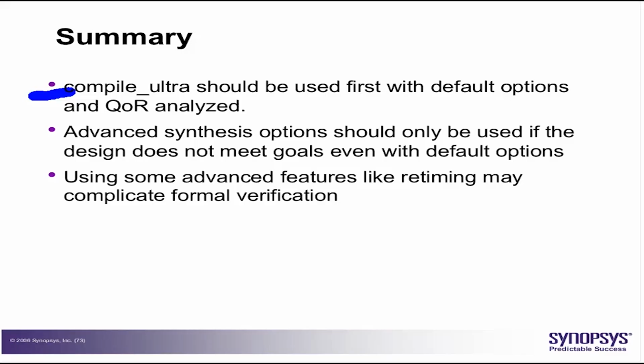You can use group paths. So let's talk about timing problems. If you encounter timing problems, first of all use group paths. See if any other group has a violation, or the critical path in your group is causing some other paths to violate.